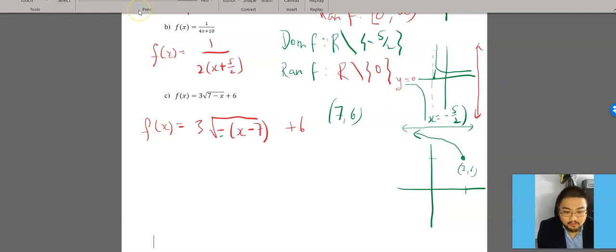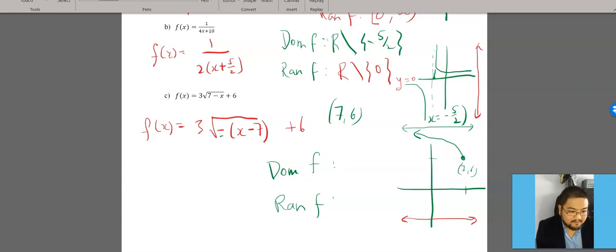So let's talk about the domain and range. Dom f: the possible values going from left to right.